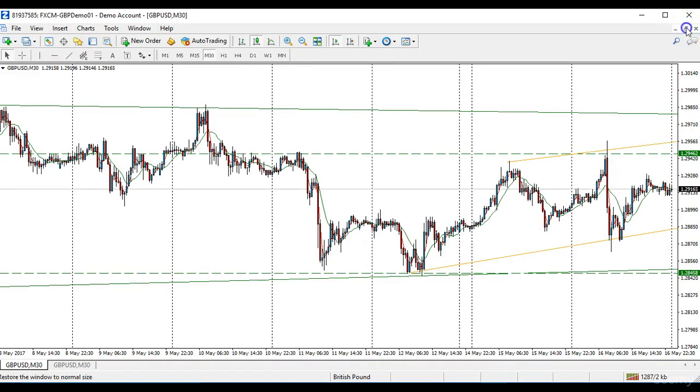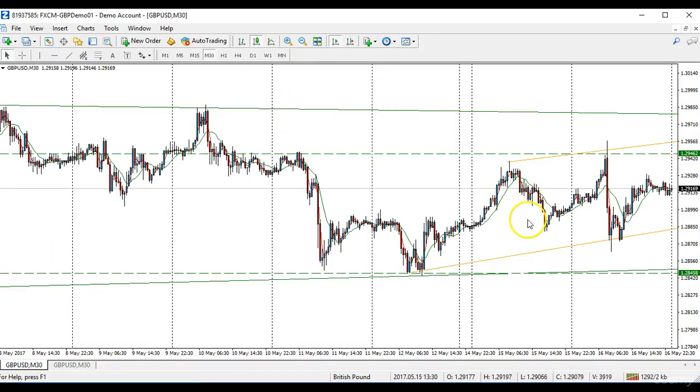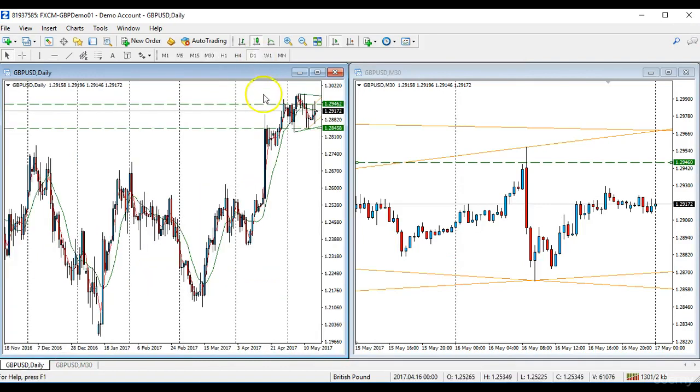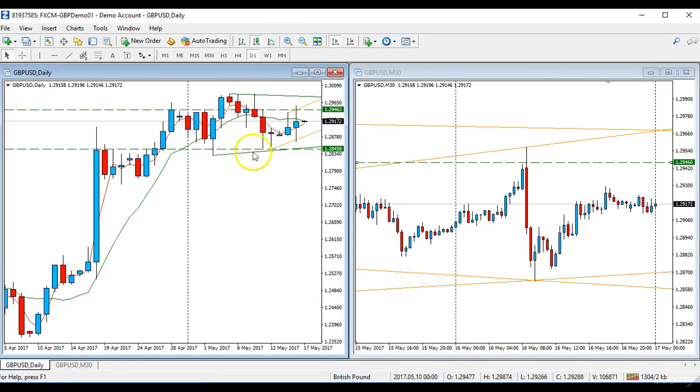In context of the daily support and resistance, that gives me more information to know where the energy of the market is likely to be. But what this also tells me, if I go back to the daily chart, is that there's not a lot of momentum in the market.